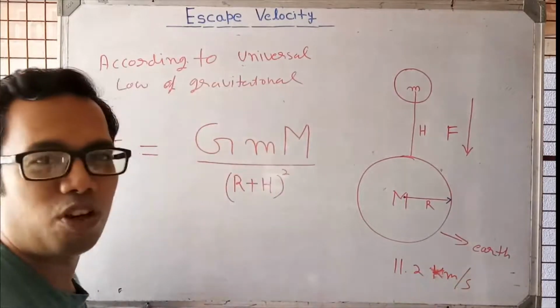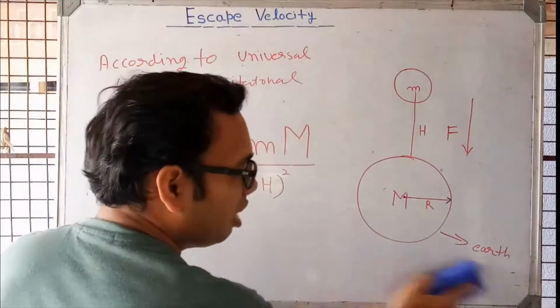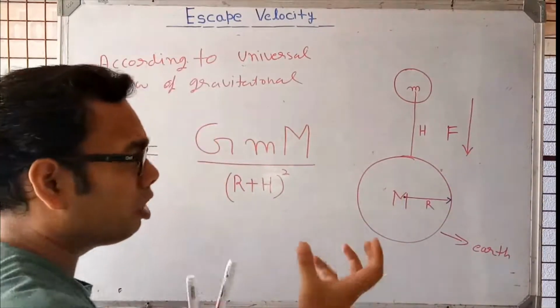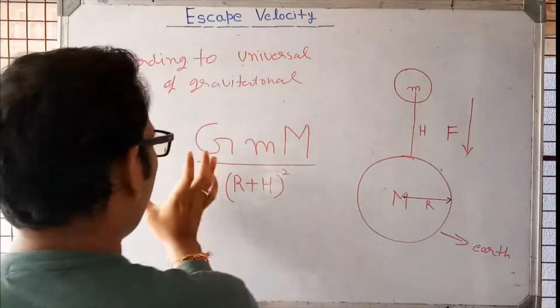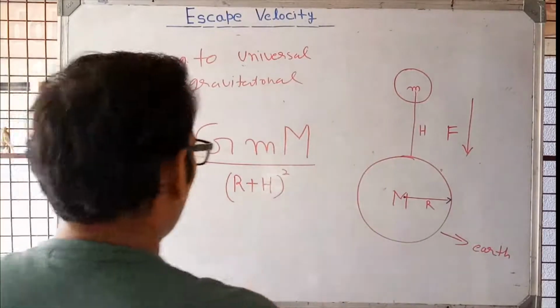This is the escape velocity of the rocket. Same thing here, we will find out what escape velocity is needed to escape the object from the earth's gravitational force. So this is the force of attraction between these two bodies.